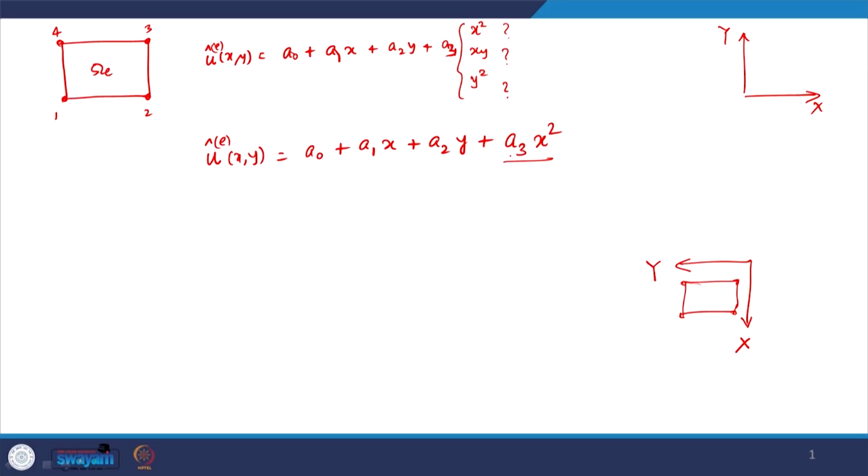So, if this direction is marked as y and this direction is marked as x, then in this particular case the variation being considered is in this direction, whereas the formulation has been done with x pointing in this direction, right. So, we call this a preferential direction.